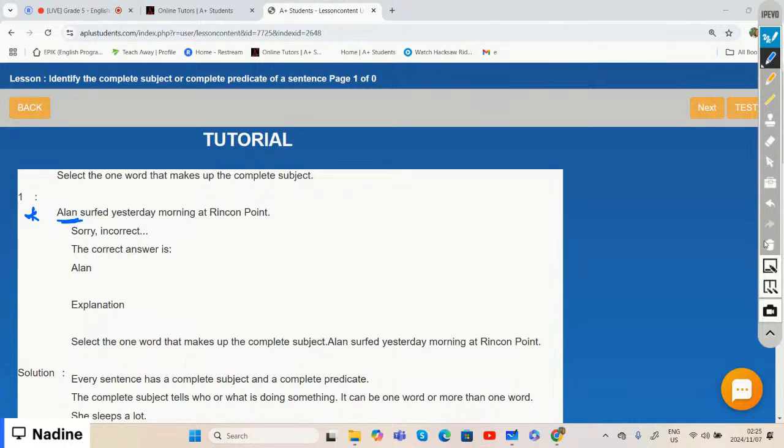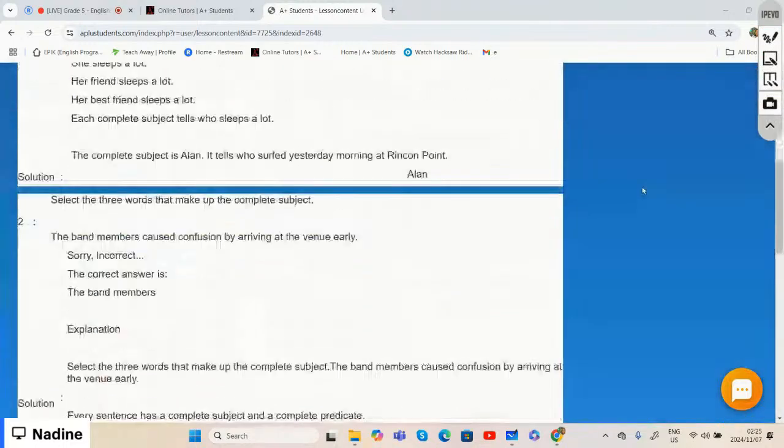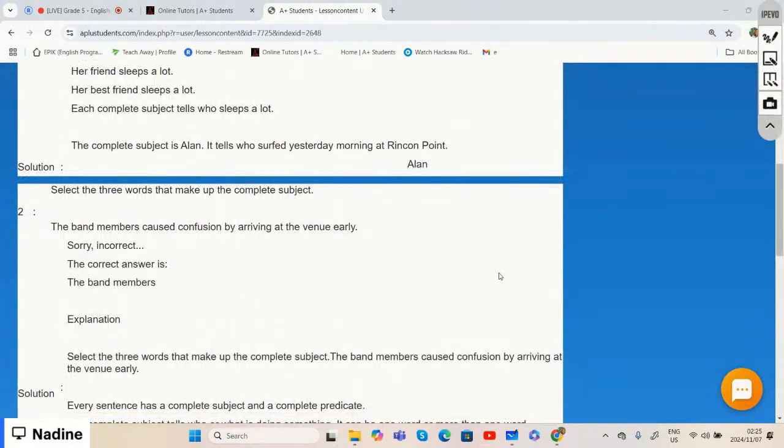All right. Going on to the next one. The band members cause confusion by arriving at the venue early. Who or what is the subject of the sentence? The subject either tells us who is doing something or what is doing something.